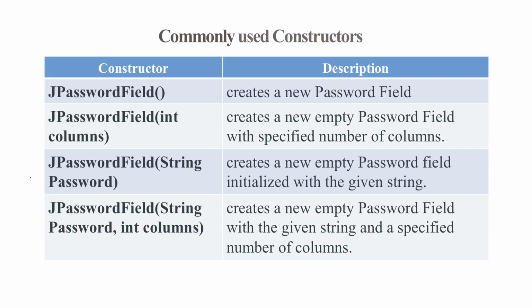Now the commonly used constructors are: JPasswordField blank; JPasswordField(int columns), the number of columns; JPasswordField(String password), where we initialize with the given string; and JPasswordField(String password, int columns), where we give a specified string for the password and a number of columns.